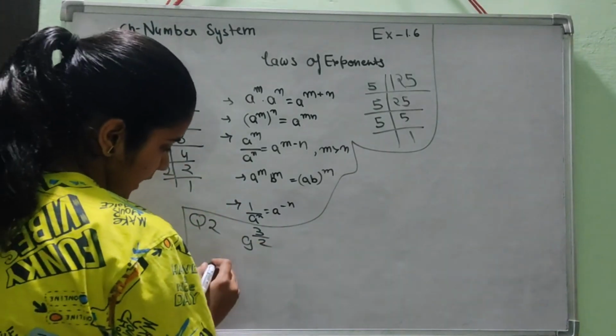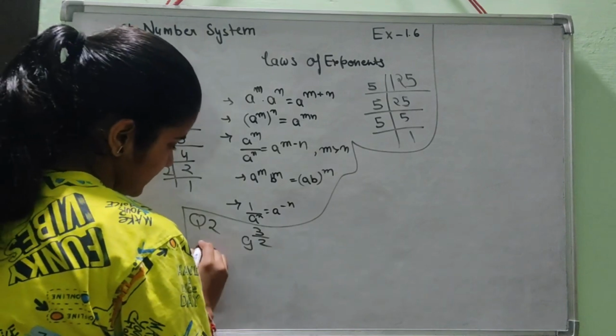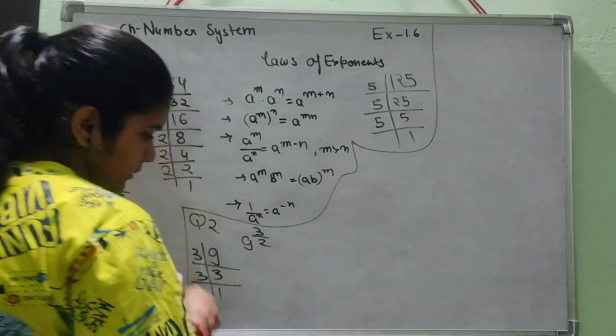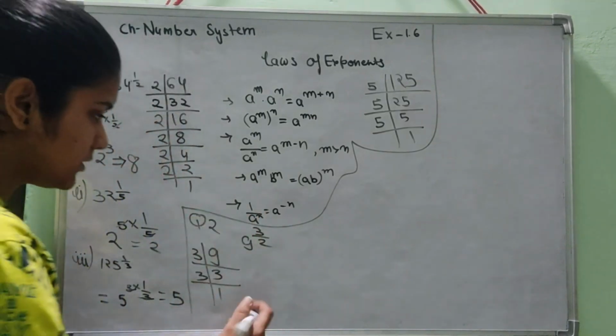Okay. 9 can be factorized as 3 times 3, so 3 threes are 9.